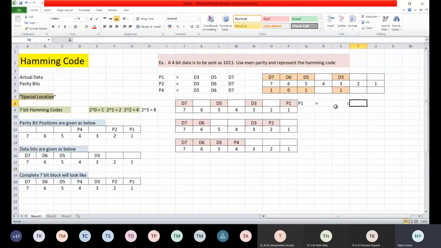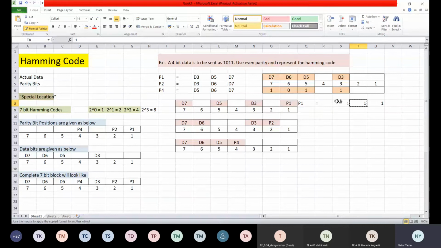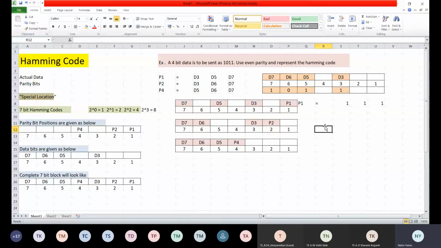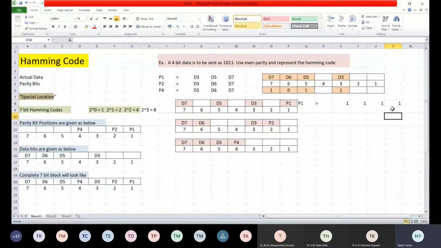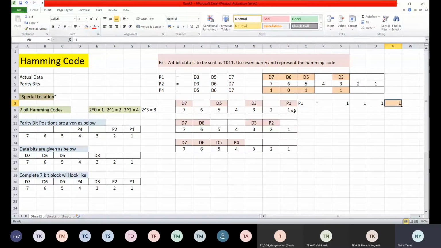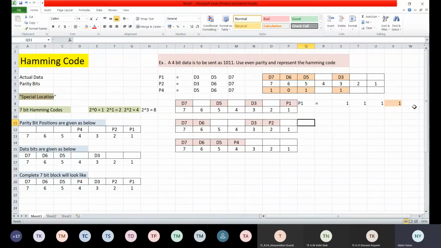Then we have 1 at D5 too, and what is at D7? 1. Correct. So to make it an even parity, we need to add one more bit, 1. So 1 is added to make even parity. So what is the value of P1? P1 is 1. Now P2.